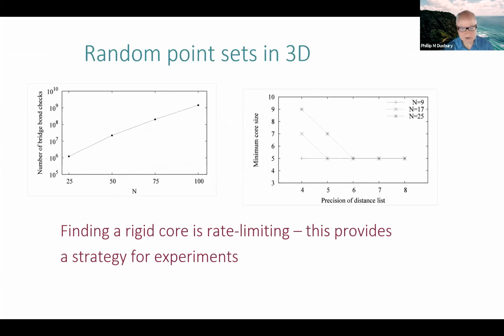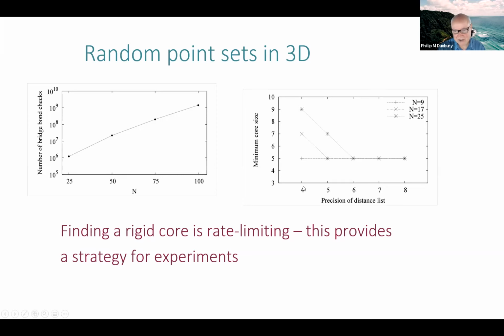In 3 dimensions, it's a lot slower. So we only went up to about 100 atoms using tri-bond as is. We also generalized it to try to do cases with imprecision. This is the 8-digit precision, 7-digit precision, 6-digit.